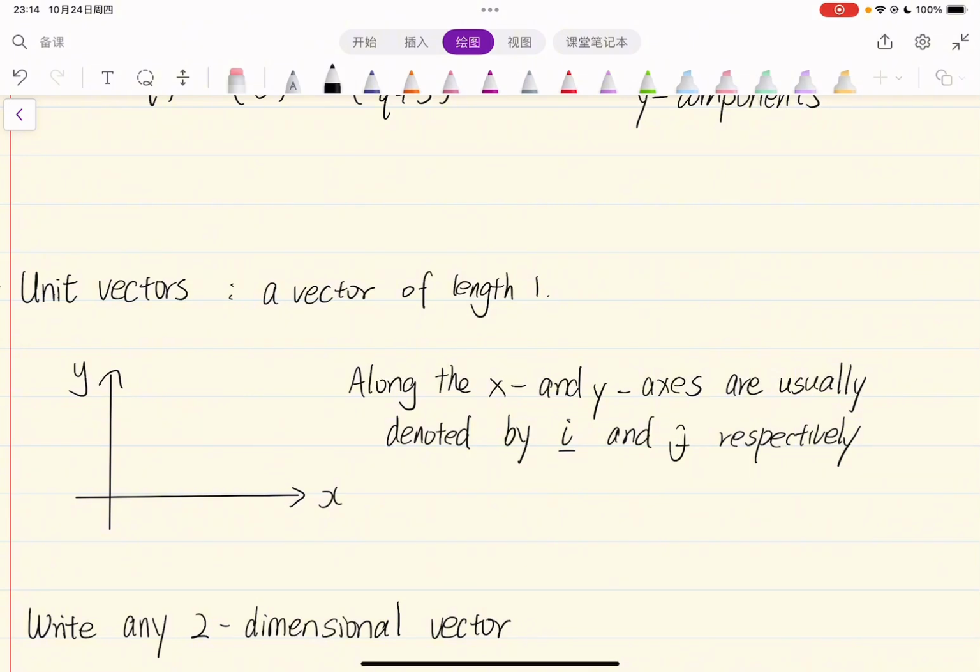Which means i equals (1, 0), j equals (0, 1).